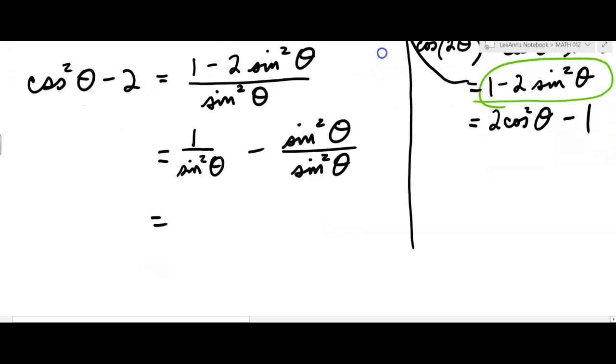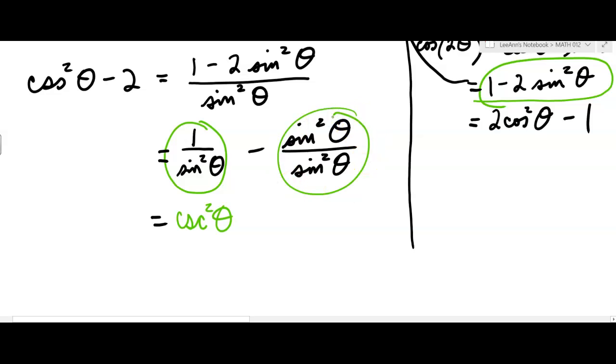Well, that looks pretty cool. So I'm getting a form here like I want on the left. I have a trig function minus 2, right? Okay. So my 1 over sine squared is going to be cosecant squared. And then I have minus, and then this is just 2. Oh, did I leave out a 2?